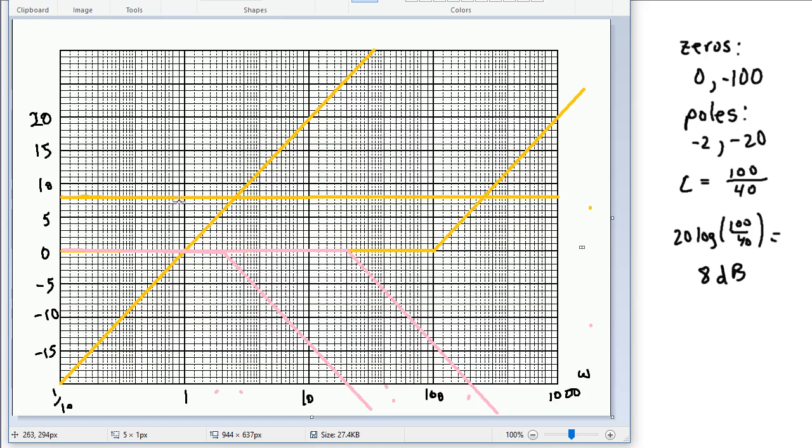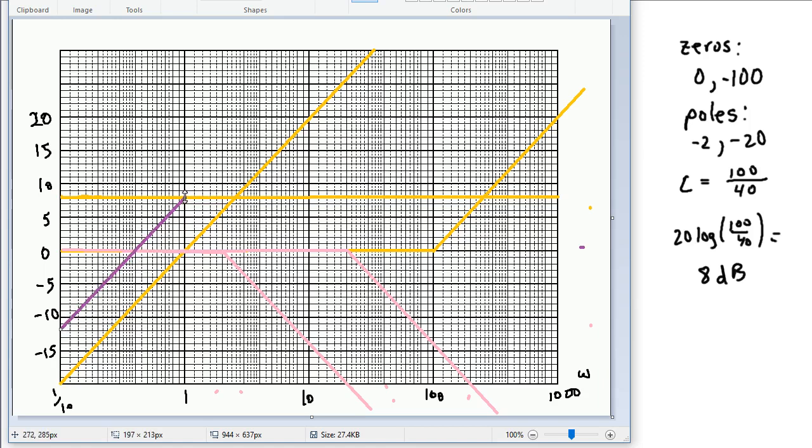To the left of that, you see this term will be actually subtracting from my constant term, and I know I'm going down at a rate of 20 dB per decade. So 8 minus 20, what is that? Minus 12. So a decade below 1, at 1/10, I'm going to be equal to minus 12.